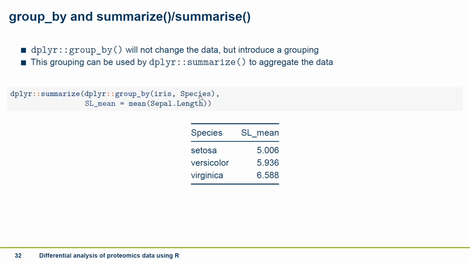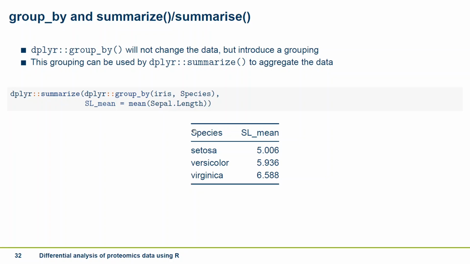So it basically will make three groups, one for each species. And then within the summarize function, you will say again, I want to have a new column called SL mean, which should be the mean of the sepal length of this iris data set.